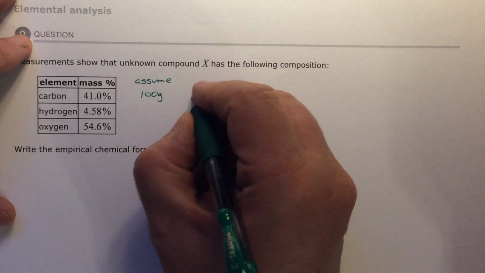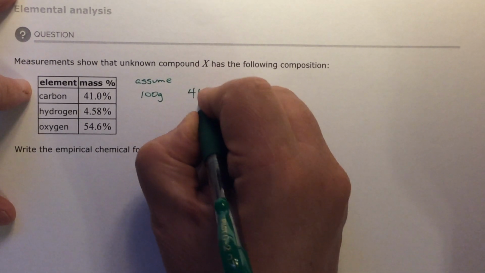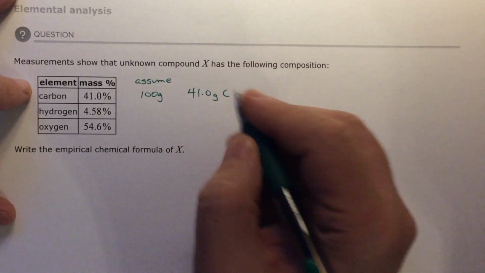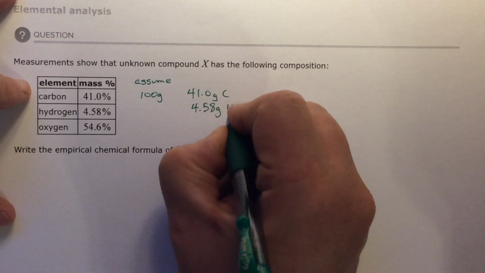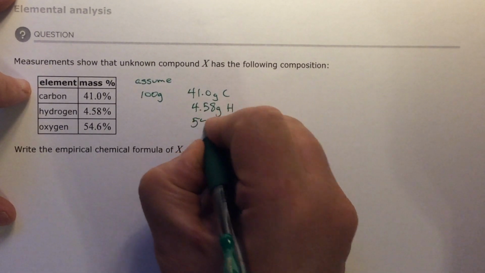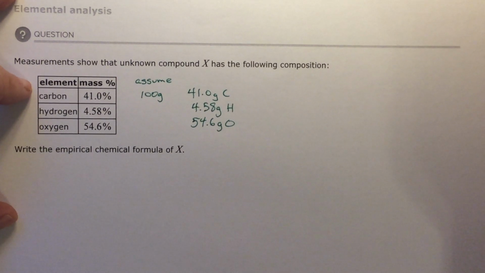So if I assume 100 grams, then I'm going to have 41.0 grams of carbon, 4.58 grams of hydrogen, and 54.6 grams of oxygen. Okay.